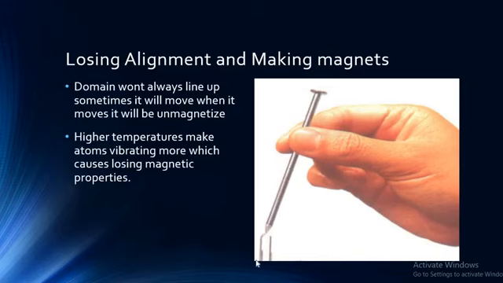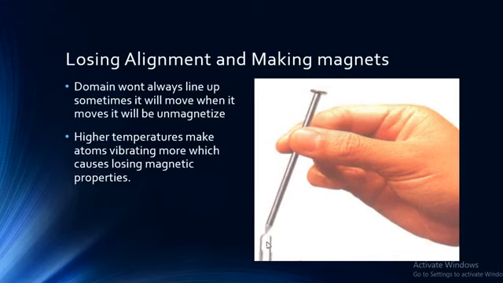This rubbing gives the pin magnetic properties, but its properties are not permanent, they're temporary. So all the domains or atoms in the pin get one direction, so it gets the magnetic properties.